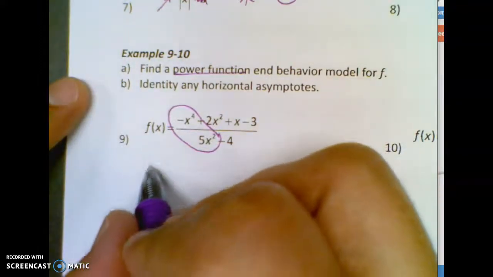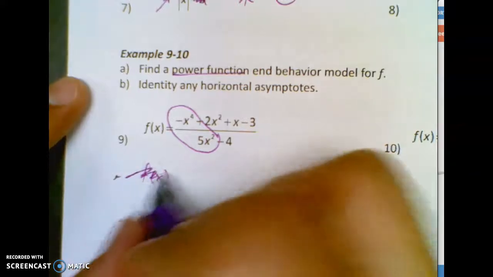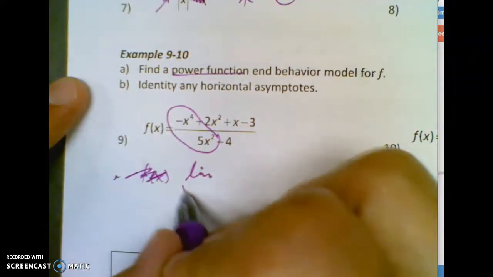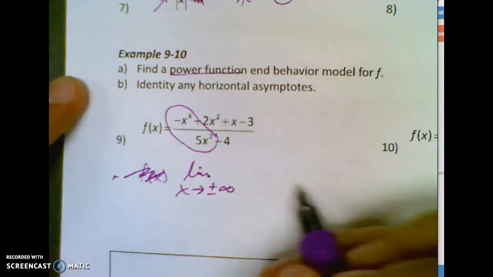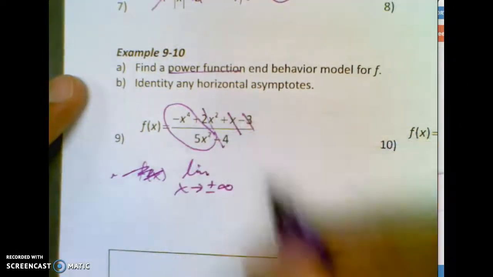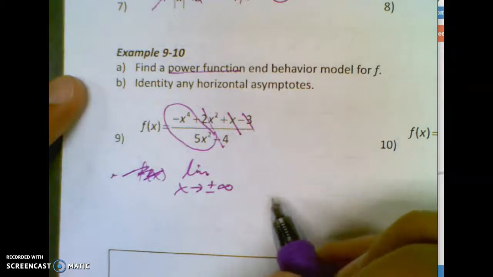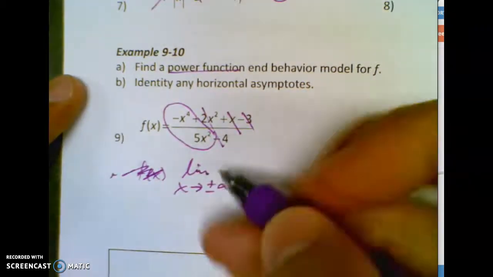So basically you're still treating this like one of the problems before, where these become less important because they're all really small in comparison to these when you go to positive infinity or negative infinity.